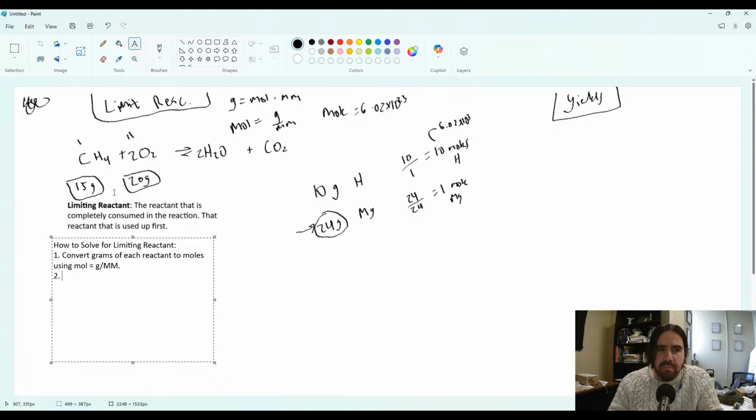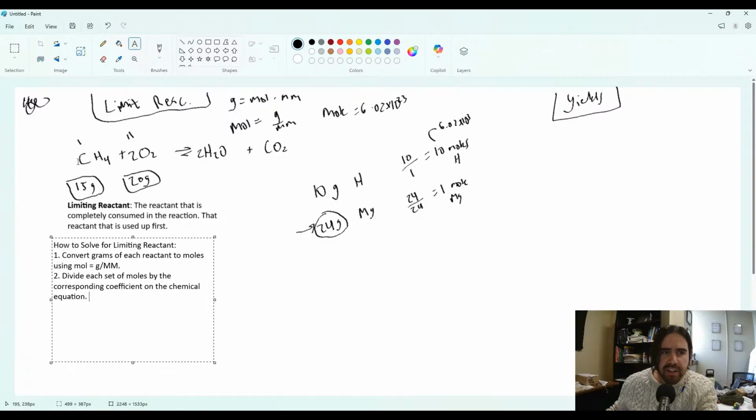Once you figure out how many moles of each of the reactants there are, then you're going to divide each set of moles by the corresponding coefficient in the chemical equation. What does that mean? That means that when I figure out the amount of moles of CH4, I'm going to take that number of moles of CH4 and divide it by the coefficient of CH4.